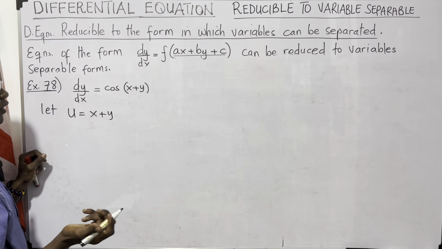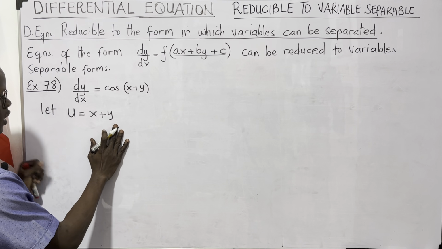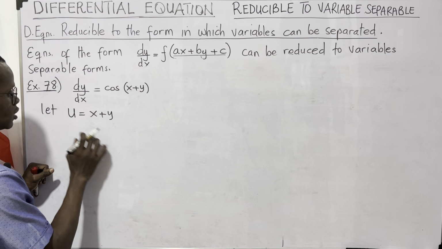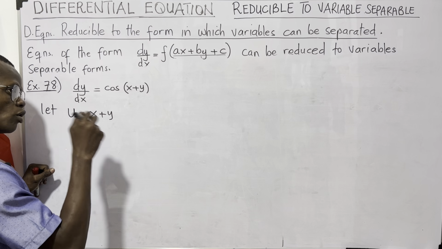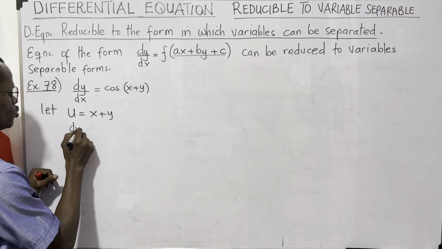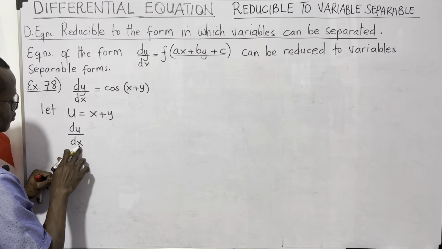And like you saw from previous videos, we can easily differentiate both sides, considering that u and y are functions and x is the variable of the two functions. So we differentiate this. We have du with respect to x.